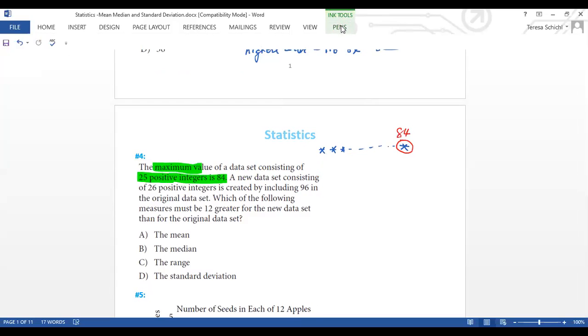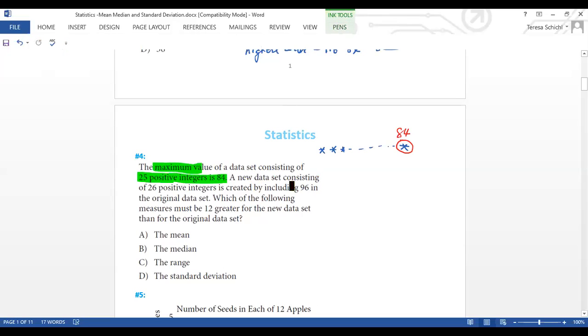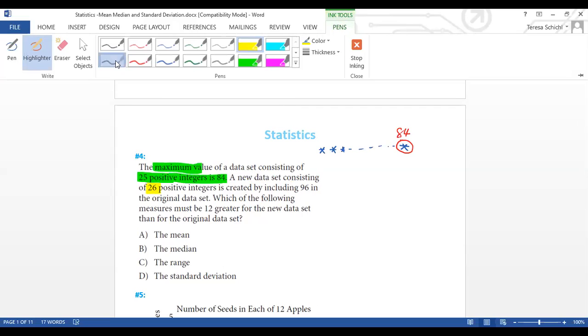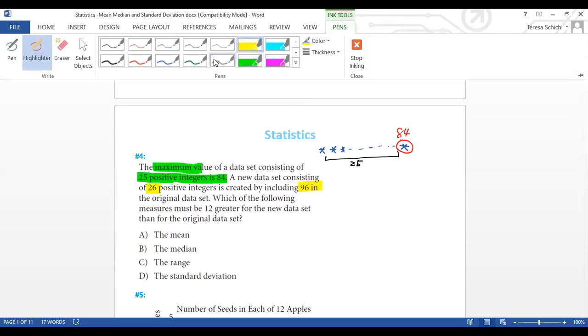Now the next sentence. A new data set consists of 26 positive integers, by including a 96 in the original data set. From here to here, in total you have 25 data points.